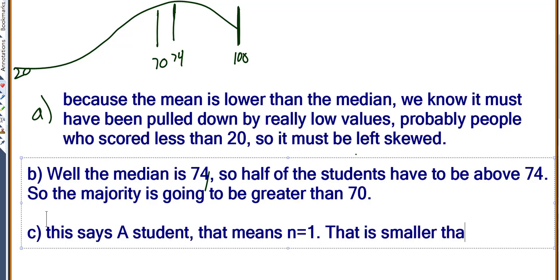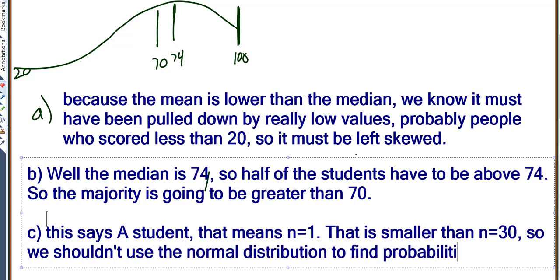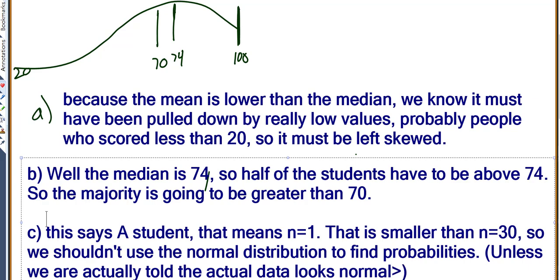That is smaller than n equals 30, so we shouldn't use the normal distribution to find probabilities, unless we are actually told the actual data looks normal. And like I said, test scores usually are, but not always. It does depend on the teacher, so we don't have a guarantee, so we better not do it.